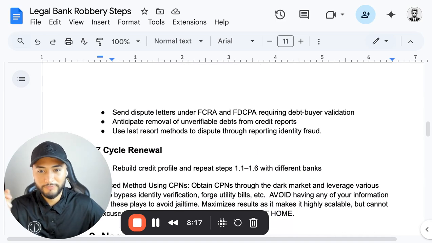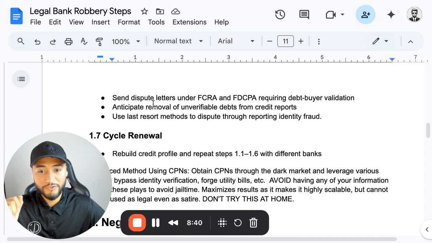You can use a dispute with FCRA and FDCPA letters, saying that the debt buyer has to validate that debt. If they're not able to validate that debt, then that's when you can legally wipe it off your credit report. And the last resort method would be reporting identity fraud.